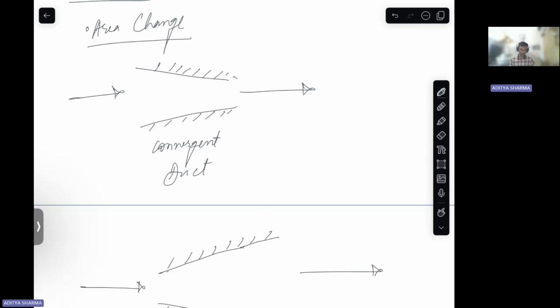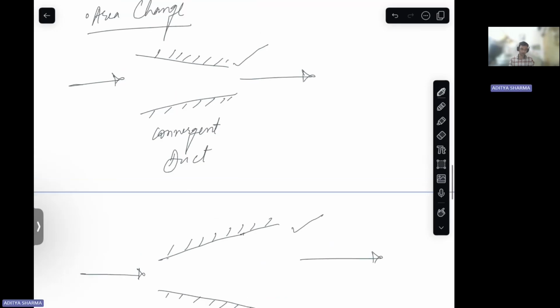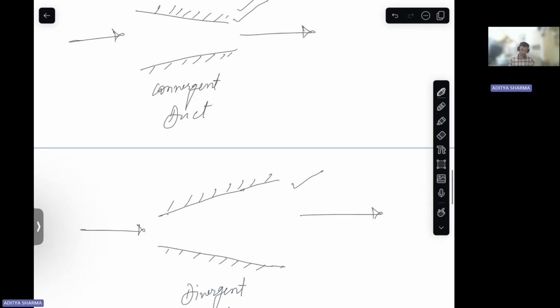Here pressure will reduce and here pressure will increase. In the convergent duct, pressure will reduce and velocity will increase. So this is expansion. Here, if a subsonic fluid enters, then the fluid will further reduce its velocity, but pressure will increase. That amounts to compression.